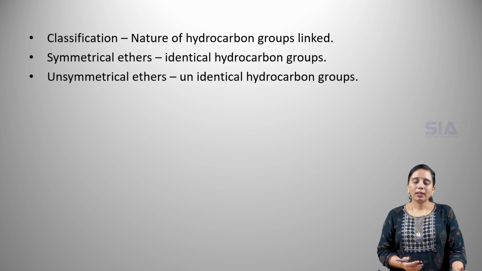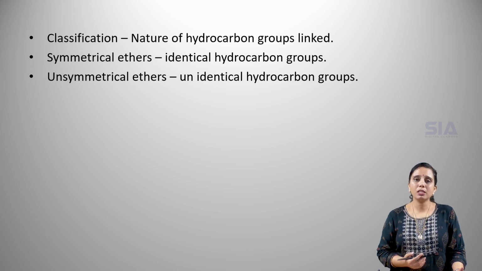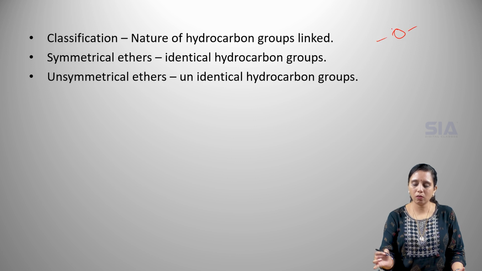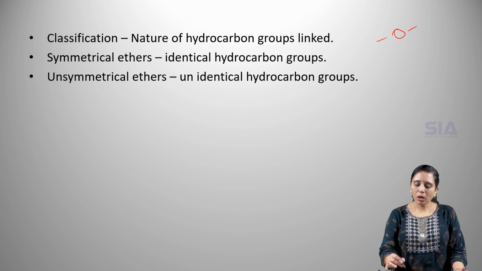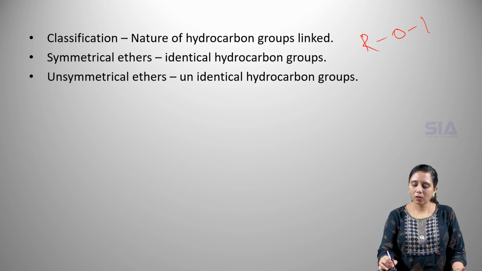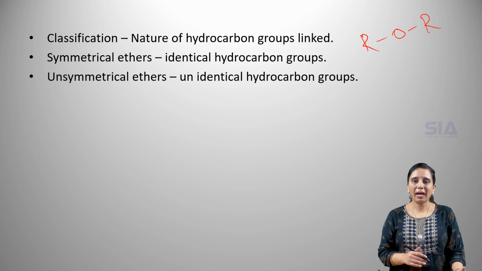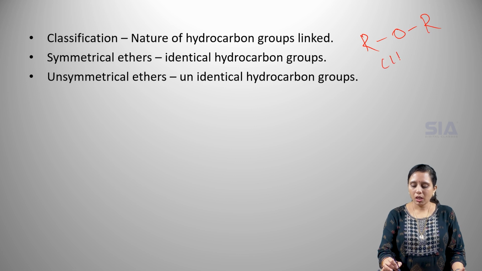How they are divided depends on the nature of the hydrocarbons present. As oxygen is linked to two hydrocarbon groups, depending upon their nature, ethers are classified. If the two hydrocarbon groups are the same, identical, then they are called symmetrical ethers. Suppose CH3OCH3: these two groups are the same methyl groups.